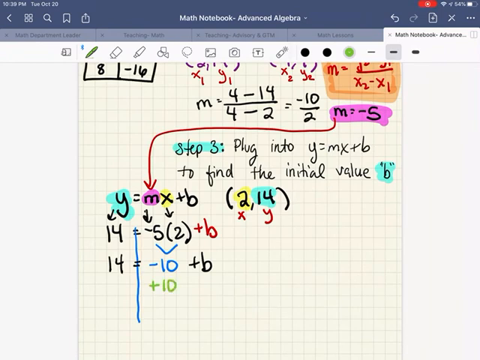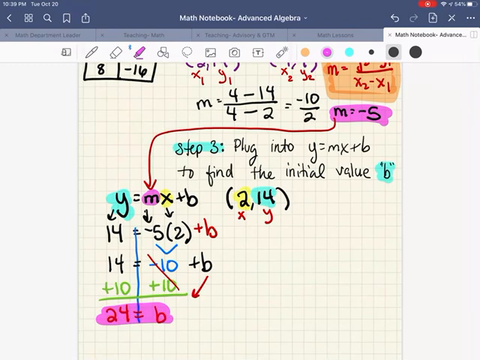So -10, +10 is the opposite. Whatever I do to one side, I do to the other. So these cancel out, and I'm left with 24 equals b. I found my b. I'm going to highlight that. Again, you can put a box, you can highlight it. I found my m and my b, and now I have my equation.